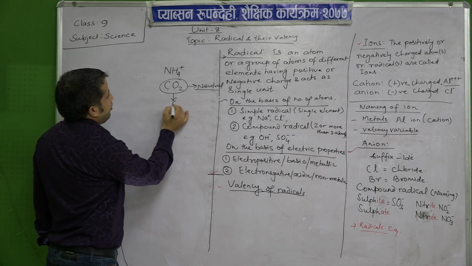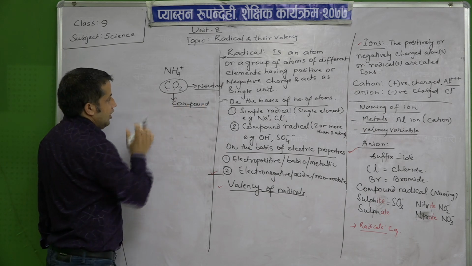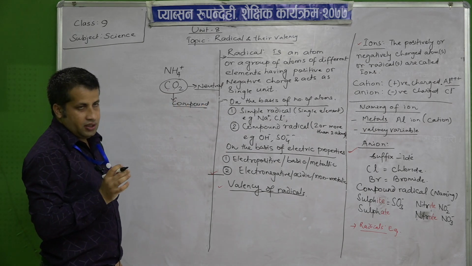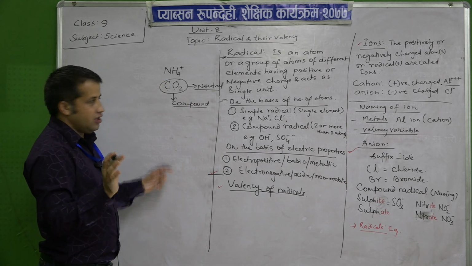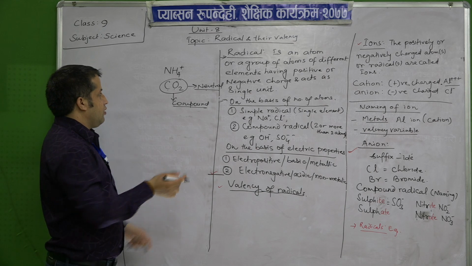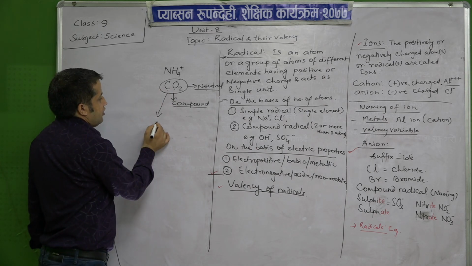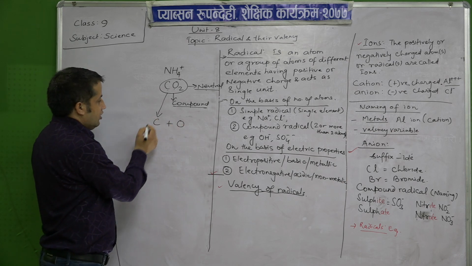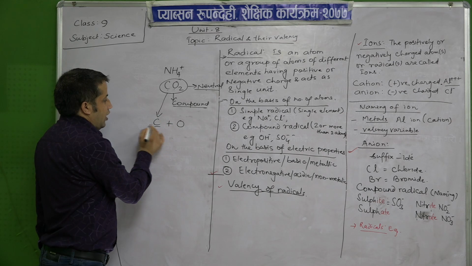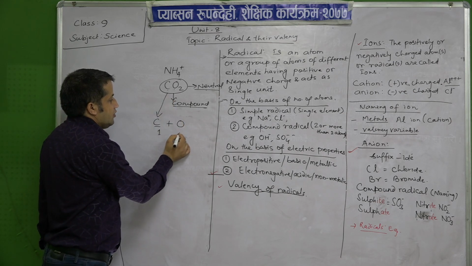A compound is neutral. It is also formed by two elements, but they have no charge on them. Carbon dioxide is formed by carbon and oxygen. In carbon only one atom is there, and oxygen, how many atoms? Two oxygen atoms are there.